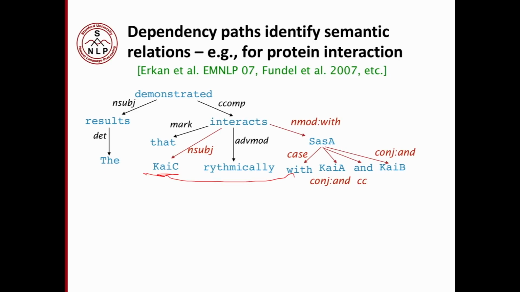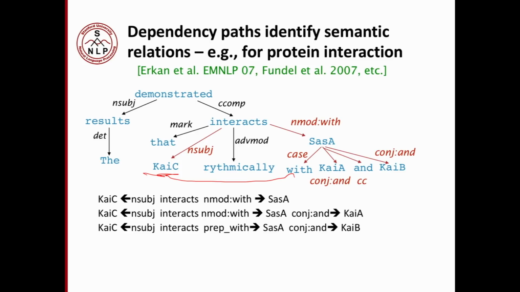The way we can do that is by looking at patterns in our dependency analysis. We can see this repeated pattern where you have the noun subject here, interacts, with a noun modifier, and then beneath that the Sas-A and its conjoined things, Chi-A and Chi-B, are the things that it interacts with.